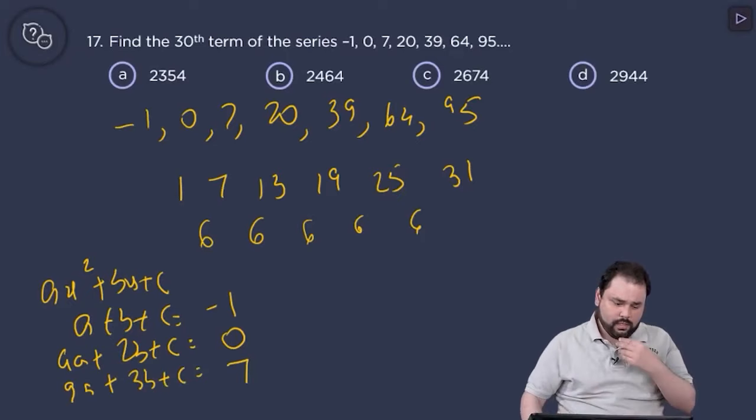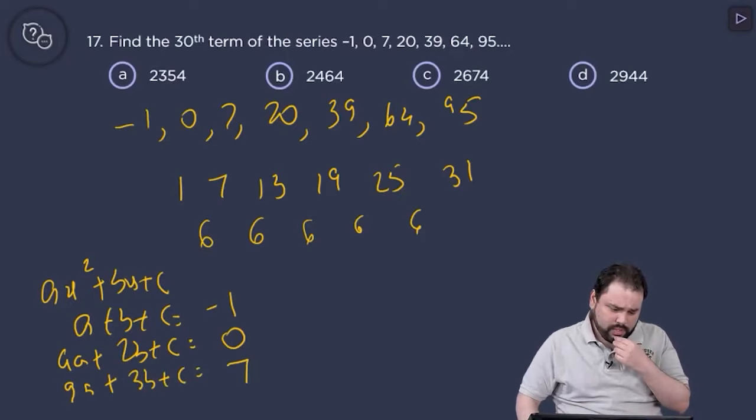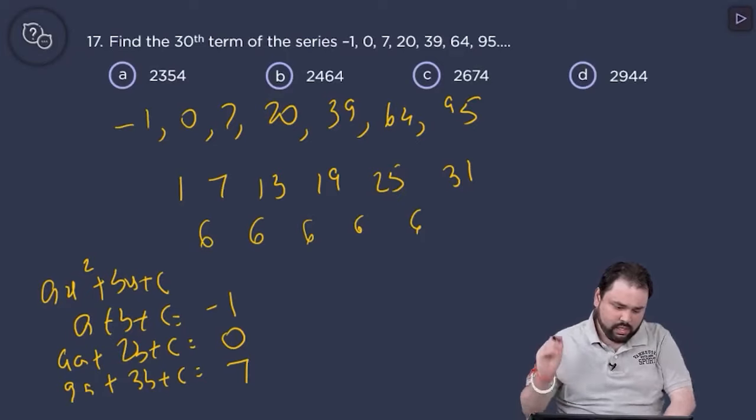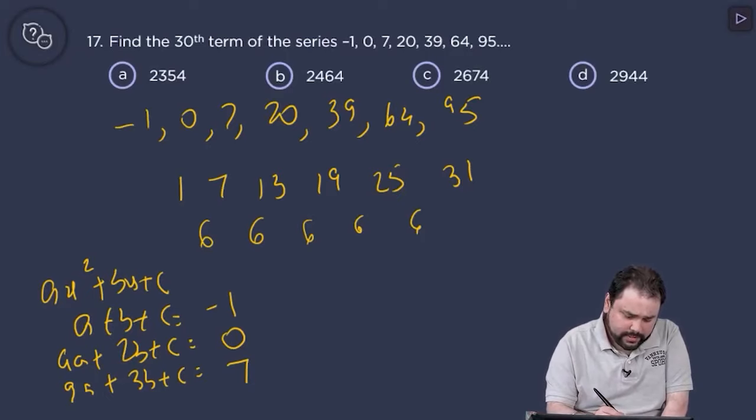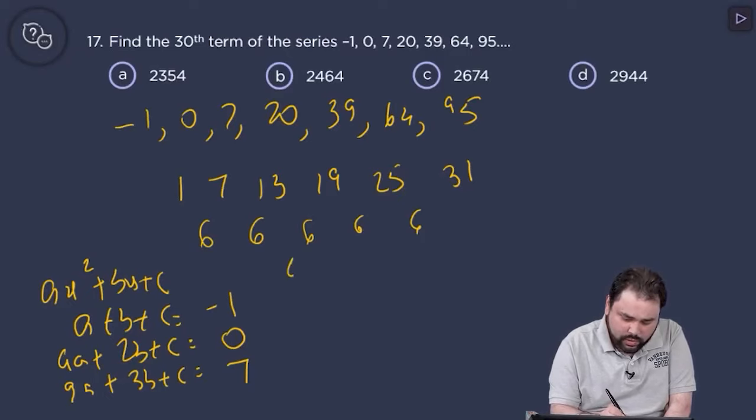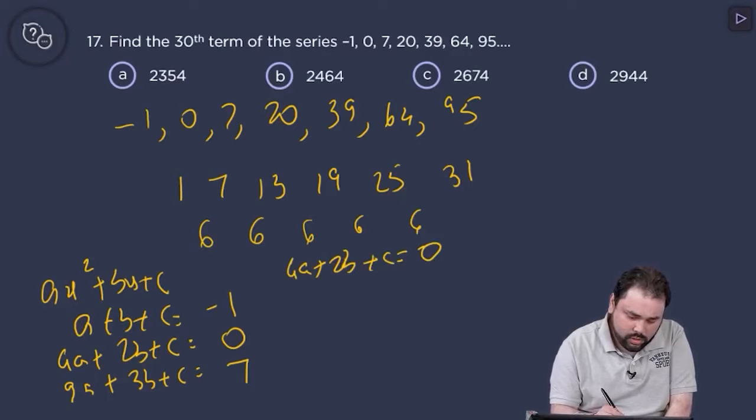Okay. If I multiply all of this, what do I get? Nothing, doesn't really help me. So if I just subtract first and second, so from second, let's subtract first. I have 4a plus 2b plus c is 0, then a plus b plus c is minus 1.